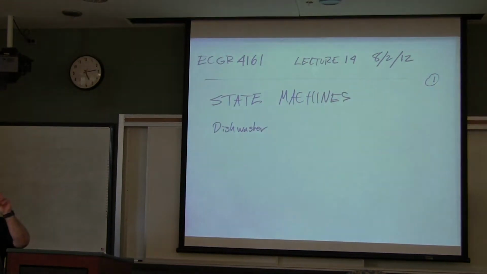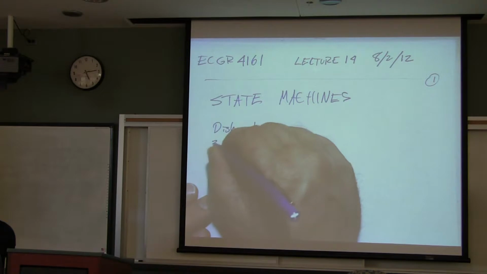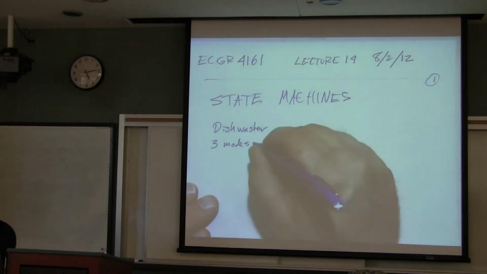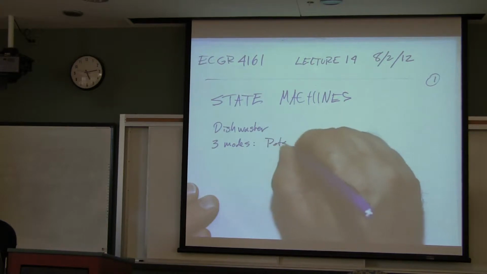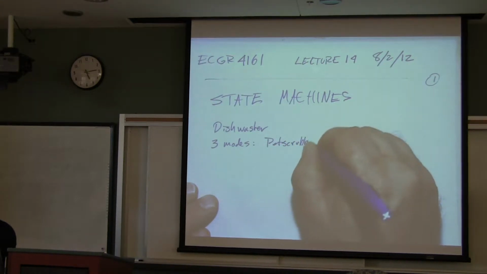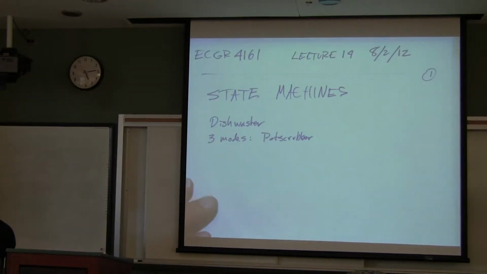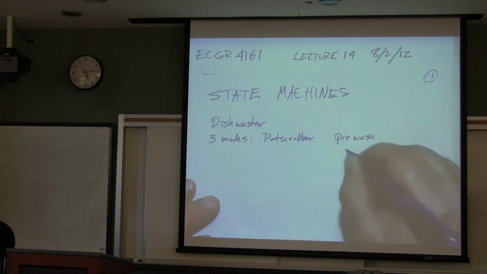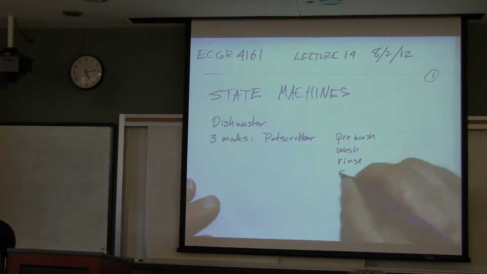I have three modes for this dishwasher. Pot scrubber consists of a pre-wash, a wash, a rinse, and a dry.